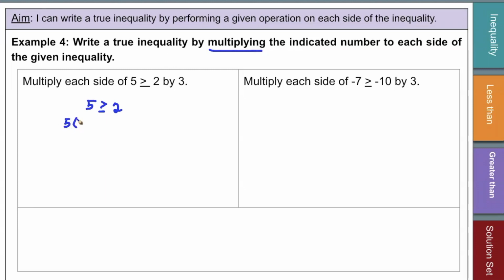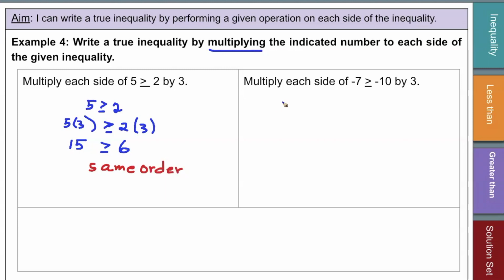Multiply each side of 5 greater than or equal to 2 by 3. 5 times 3 greater than or equal to 2 times 3 would give us 15 greater than or equal to 6, which is a true inequality because 15 is greater than 6, and it has the same order as the original inequality 5 greater than or equal to 2.